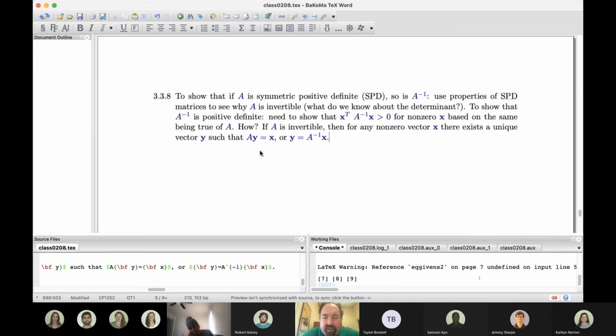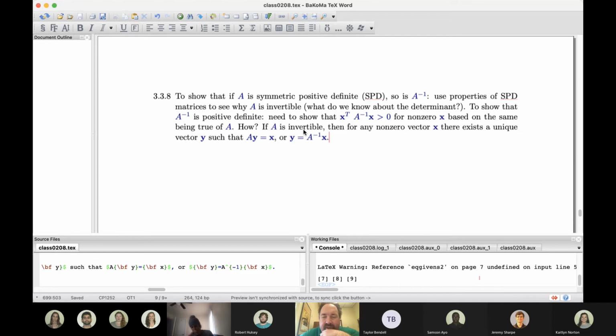So use this to try to find a relationship between X transpose A inverse X being positive versus X transpose AX. The vector in question can be any non-zero vector as long as it's the same vector on both sides. All right, so see what you can do with that by virtue of A being invertible, because it takes using a property of invertible matrices to show this.